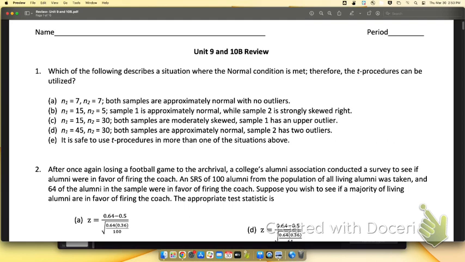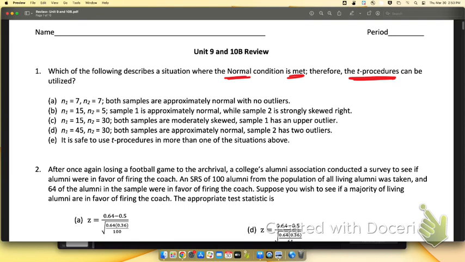Which of the following describes a situation where the normal condition is met, therefore T procedures can be utilized? So remember, for T procedures, that means we're looking at a mean problem. So that means we're going to need to check our samples. If the sample size is greater than 30, then I don't have to worry about any box plots.